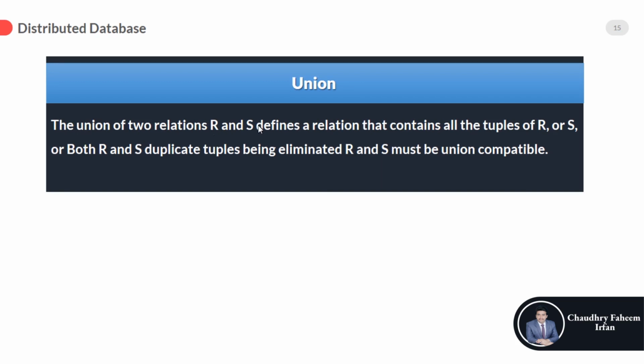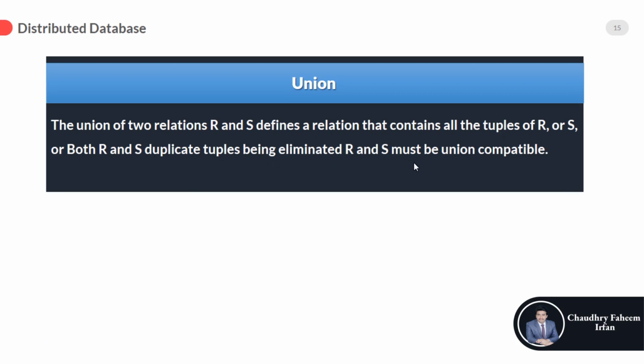So union: the union of two relations R and S, these being the names of relations, defines a new relation that contains all the tuples of R, or S, or both R and S. Duplicate tuples, the important keyword here, are eliminated or removed.